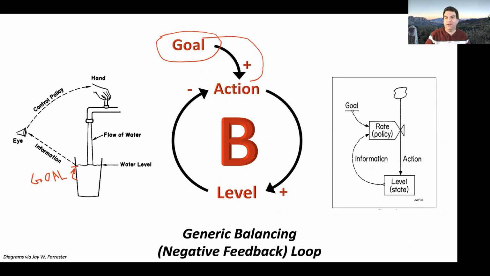This link is not counted when we come up with this as a balancing feedback loop, but it still participates in the overall system. So it's important for us to have there. So this generic diagram here, this is our generic causal loop diagram, and this is our generic stock and flow diagram here that represents pretty much any simple negative feedback process.